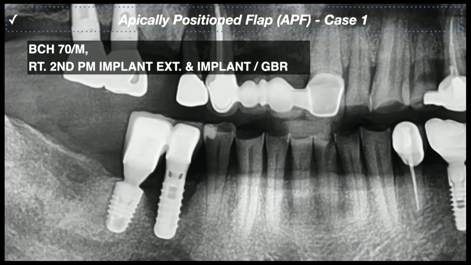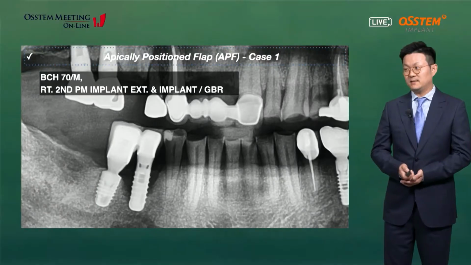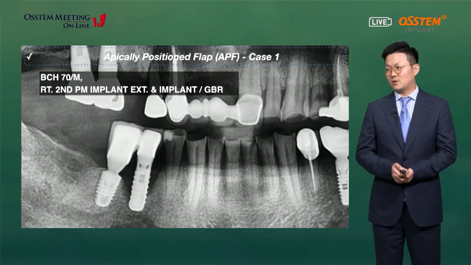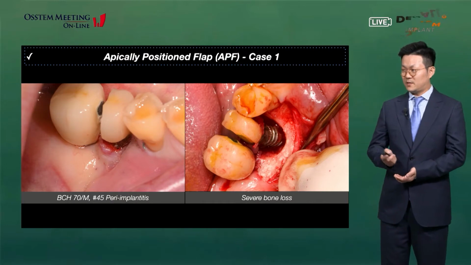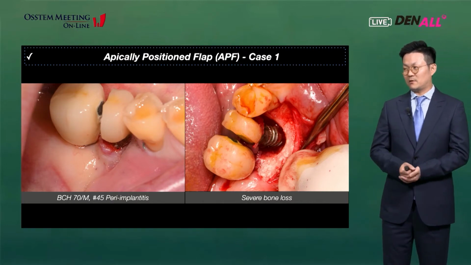This 70-year-old male patient has a severe problem on his second premolar implant, and there's severe bone loss. So as you see, there's a severe bone defect surrounding the implant.